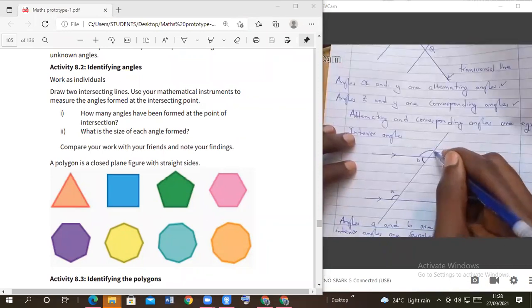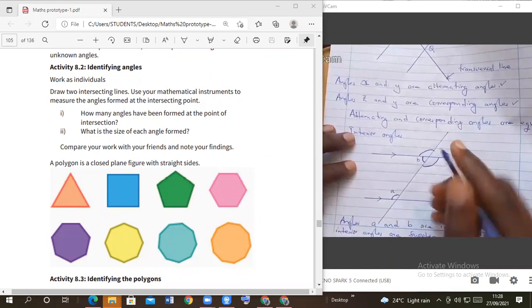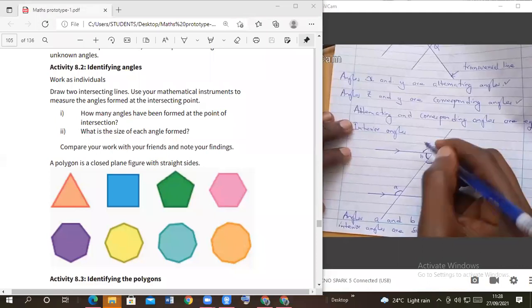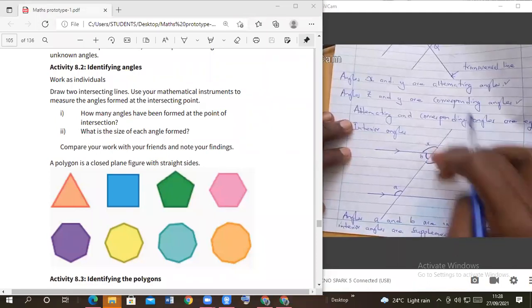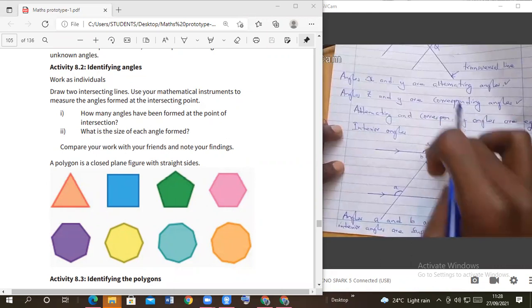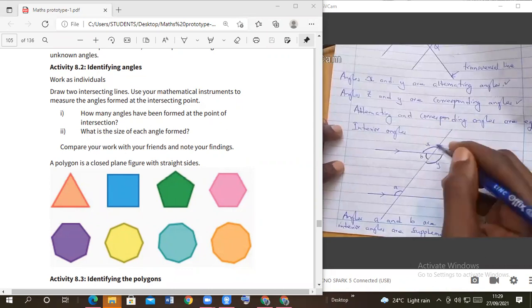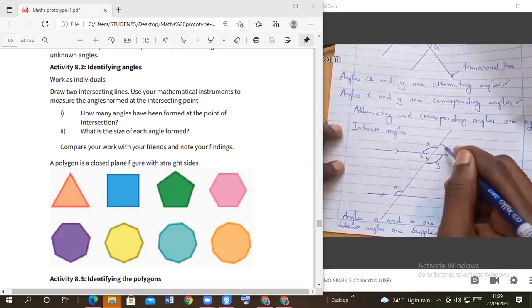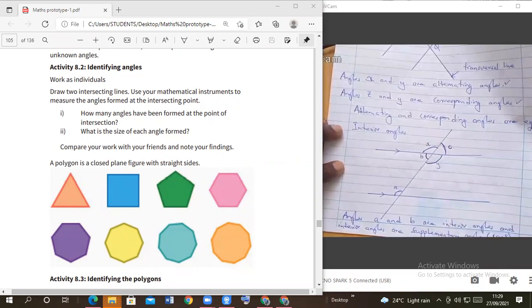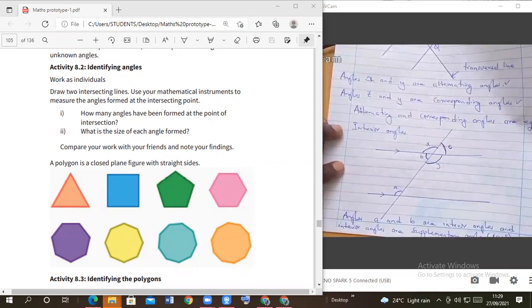Before we move on, let me give this angle also. I think this angle here and this one. Let me say it is X and Y. What can you say about these two angles? Let me add this one here also, and say this angle is C. What can you say about A, B and X, Y?